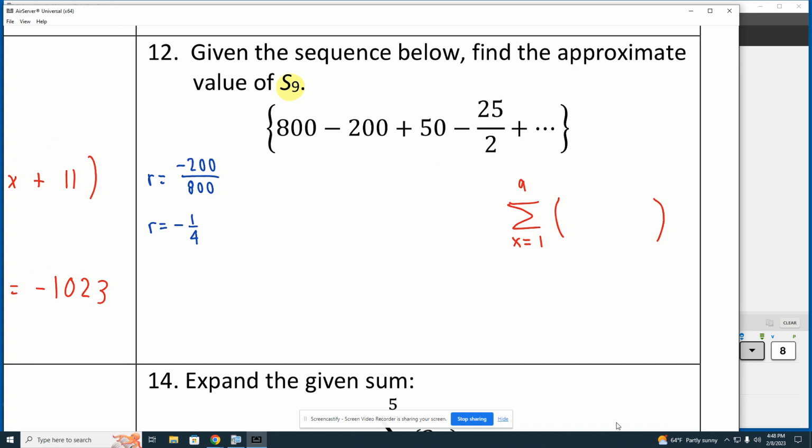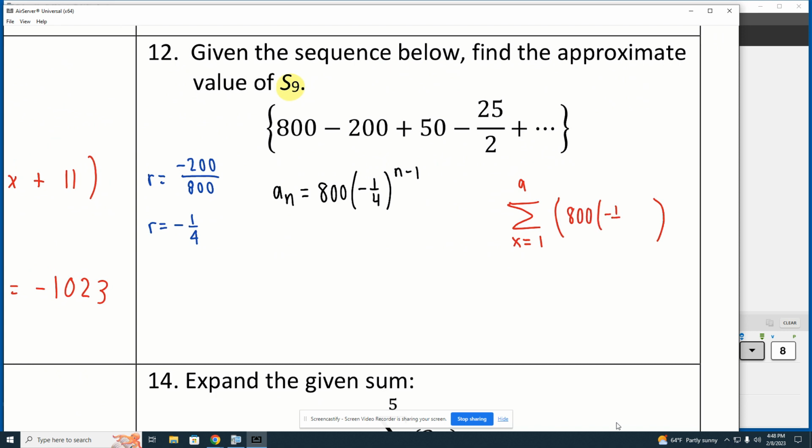You could also use negative 0.25. So I'm ready to write my equation. Since this is geometric, I use a sub 1, 800, times r, negative 1/4, or negative 0.25, raised to the n minus 1. And that is exactly what I'm plugging in right here.